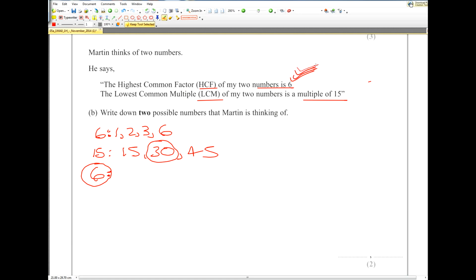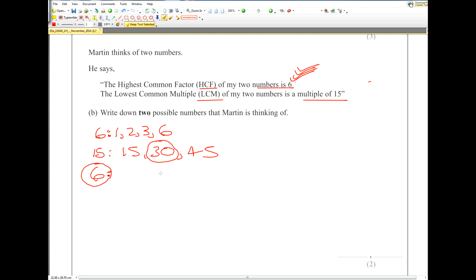The highest common factor of 6 and 30 is 6. It says the lowest common multiple of my two numbers is a multiple of 15. So the answer here is 6 and 30.